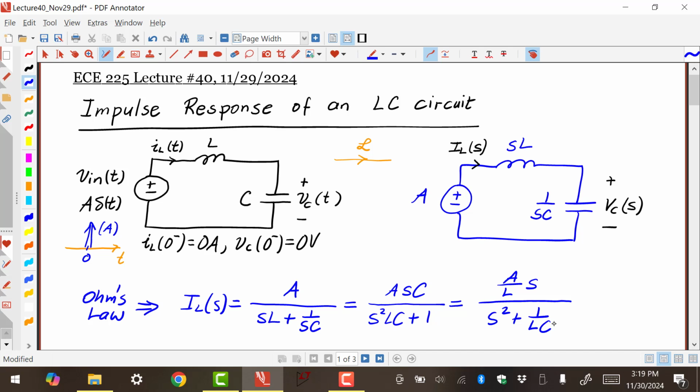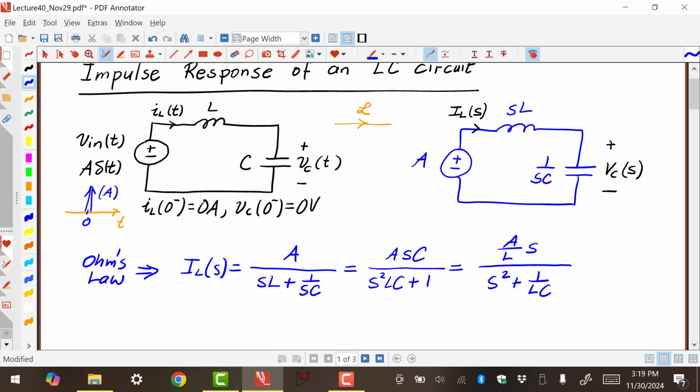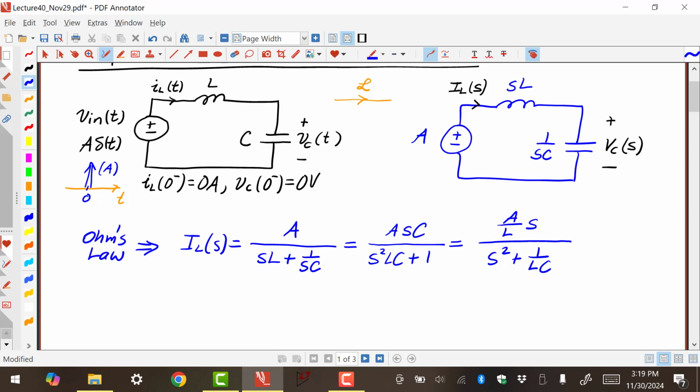And now, this is in a standard form of something that we see in the Laplace transform pair table. So let me write it this way, and you'll see why in a second. A over L times s divided by s squared plus, and the 1 over LC, I'm going to write it this way, 1 over root LC squared.